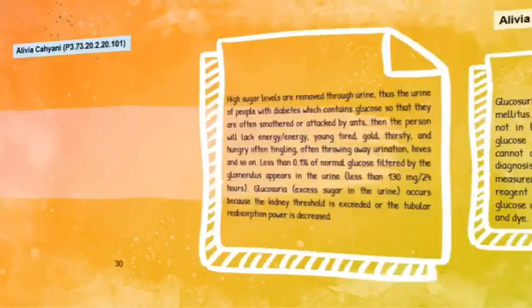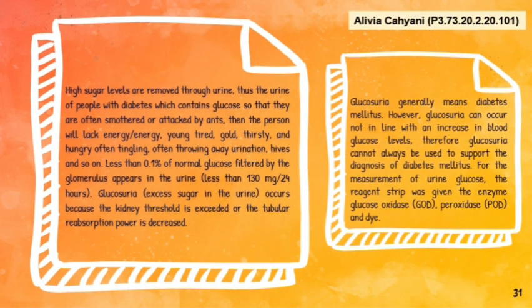Discussion. High sugar levels are removed through urine. Thus, the urine of people with diabetes contains glucose, so they are often attacked by ants.